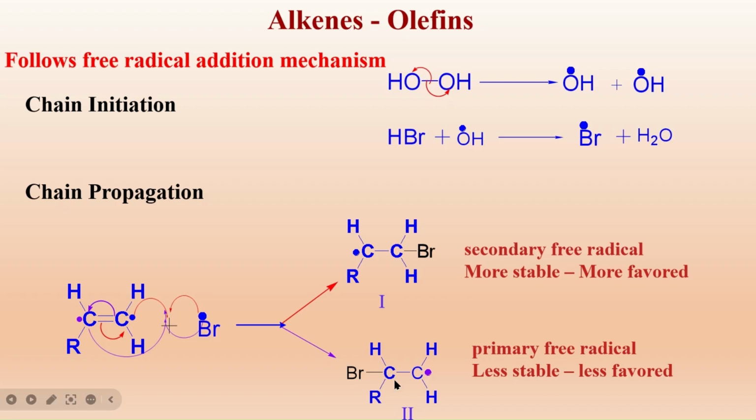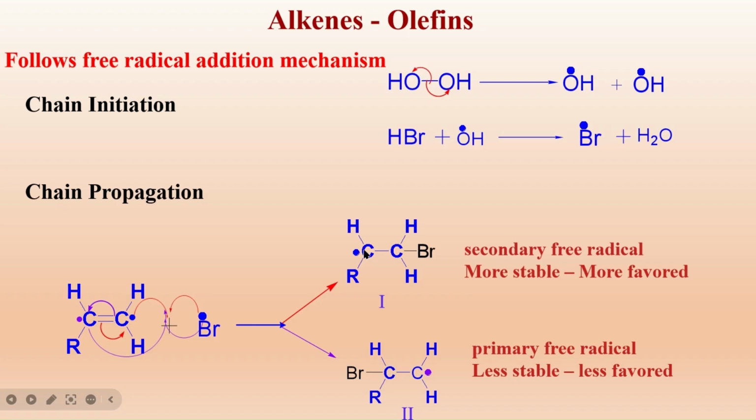But adjacent to it there is one carbon, and hence, though it has electron deficiency, because of the inductive effect by this carbon, it becomes more stable. It has positive inductive effect because of the carbon present adjacent to it.